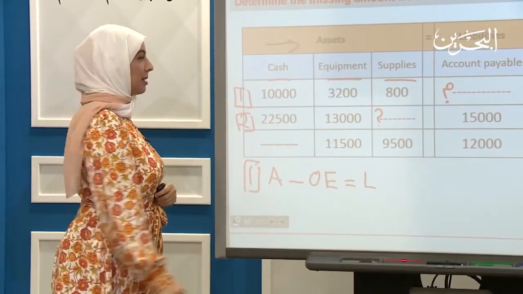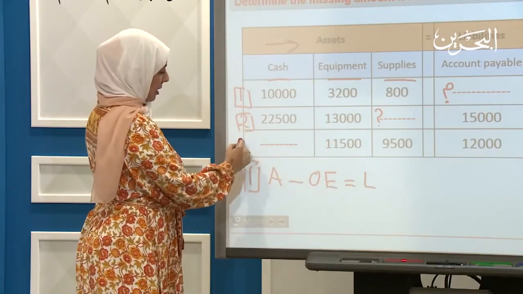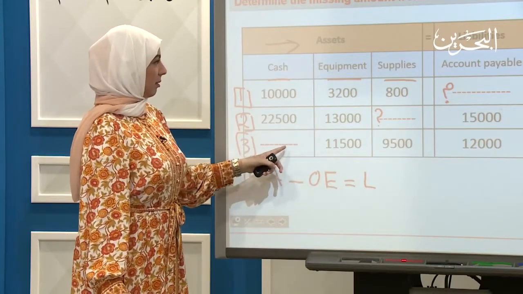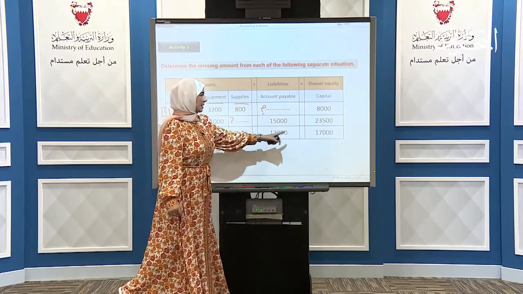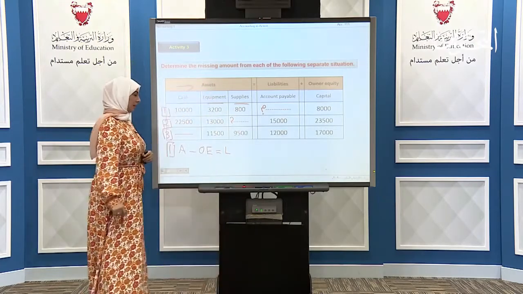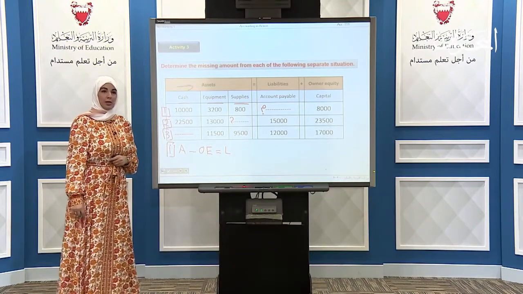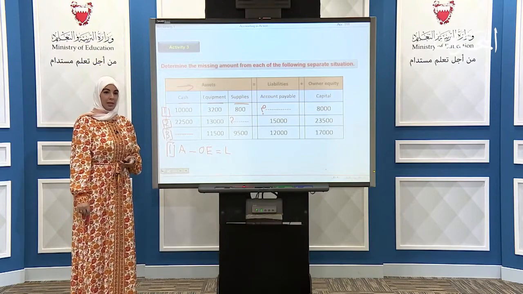I need to get the assets. In the third, I also have the assets except the cash, and I have the liability and owner equity. After explaining the first one, can you guess, my dear student, how we can get the figure in the second and the third example?